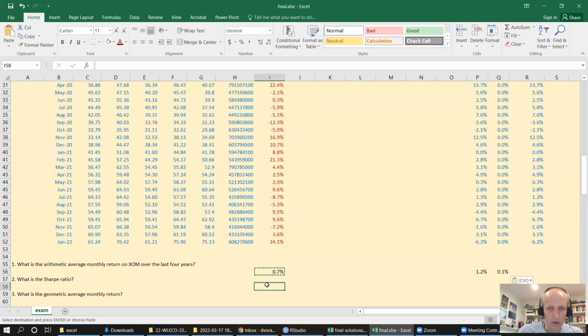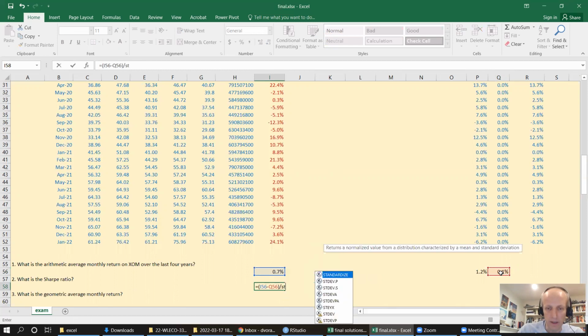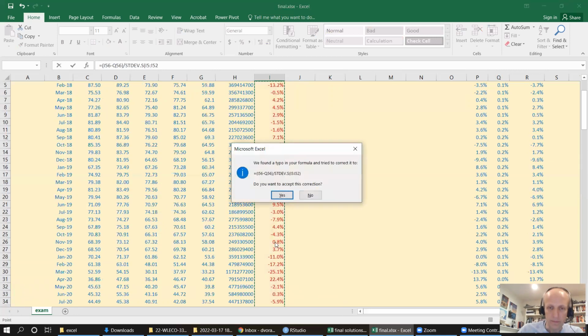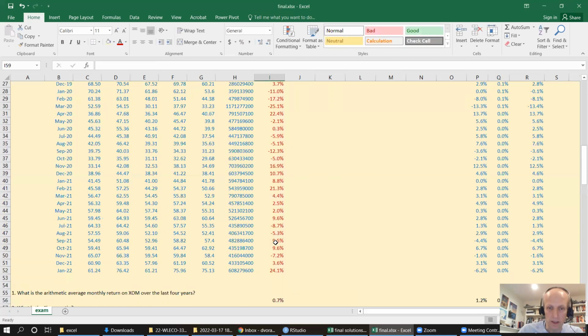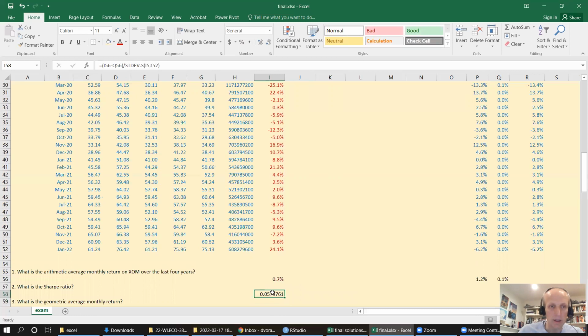So Sharpe ratio is going to be the return on Exxon minus the average return on the risk-free asset, divided by the standard deviation of the return on Exxon, which is over here. And that's 0.6 roughly.